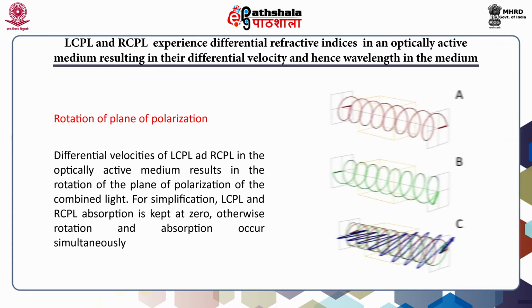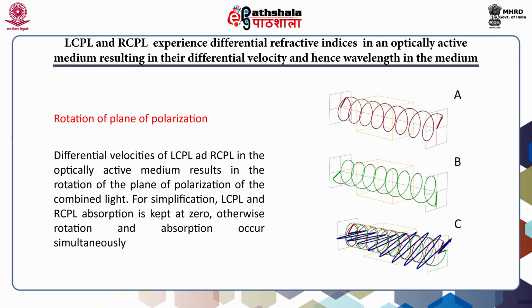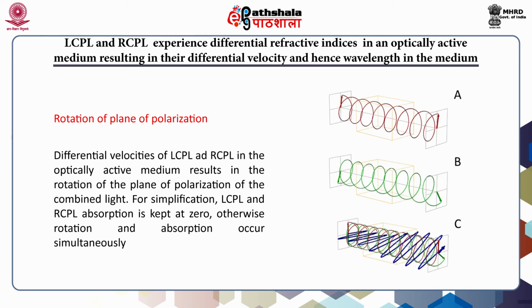For simplification in these figures, LCPL and RCPL absorption is kept at 0. Otherwise, rotation and absorption occur simultaneously. You will see in panel A the left-handed circularly polarized light, in panel B the right-handed circularly polarized light, and when they are superimposed in panel C, they are traveling along the same path through an optically active medium.